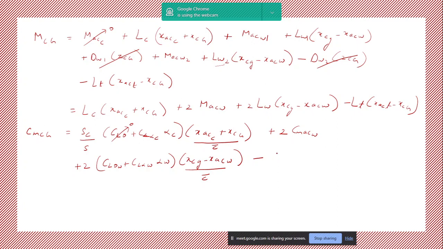So now the last term will be S_t upon S, Cl naught of tail plus Cl alpha of tail into alpha of tail, and the moment arm is (XAC tail minus XCG) by C bar.